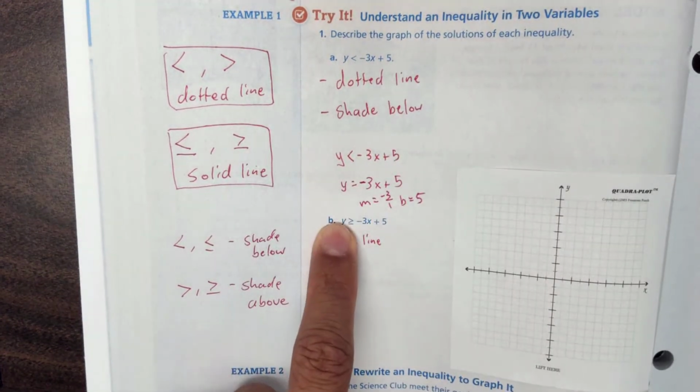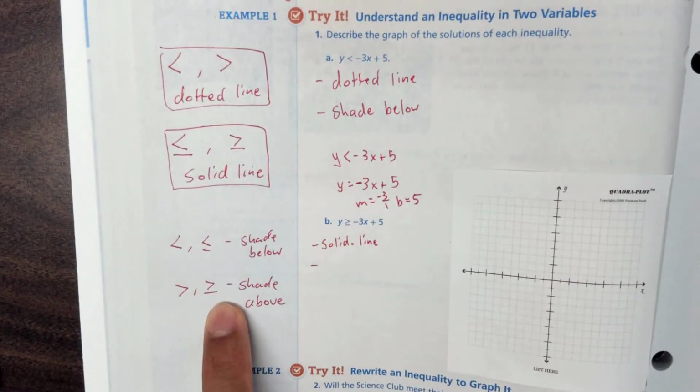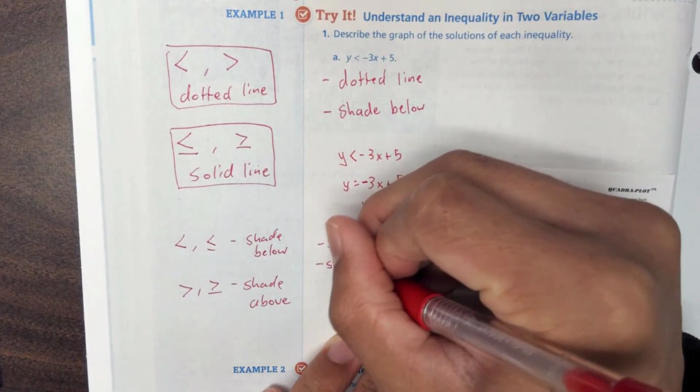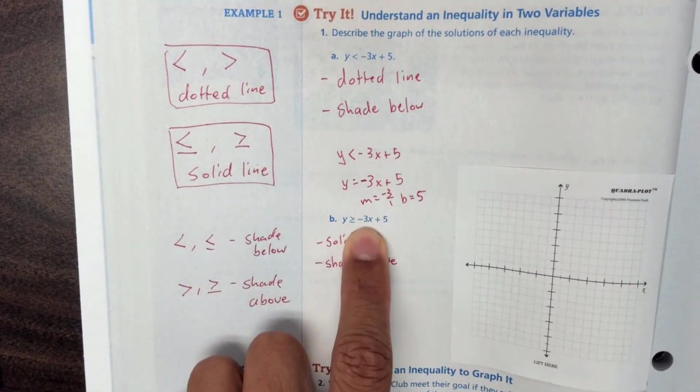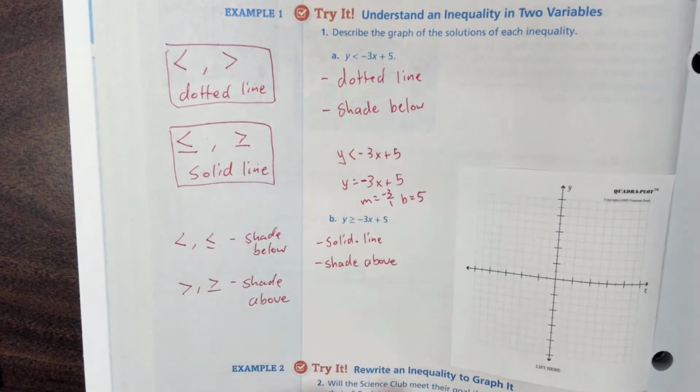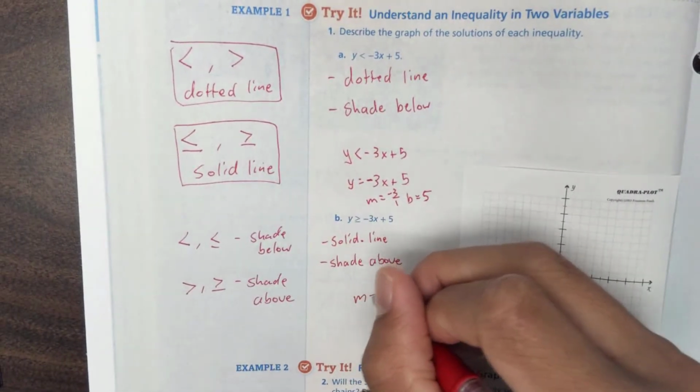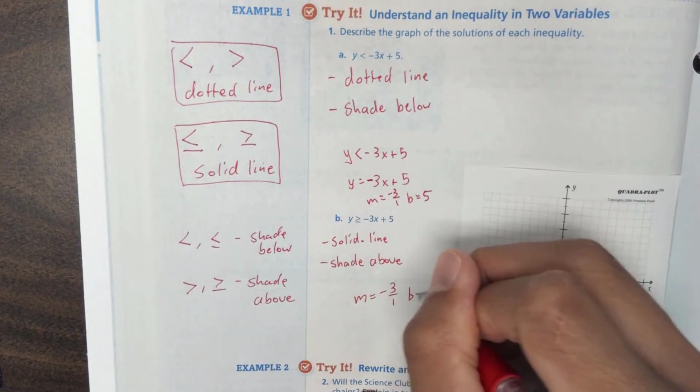And it's y is greater than, so if it's greater than, we're going to shade above the line. Thankfully, the line is the exact same line that we used in question 1: slope is negative 3 over 1, your y-intercept is 5.